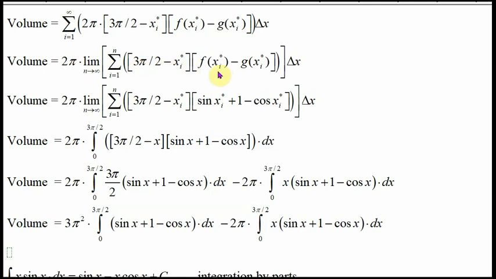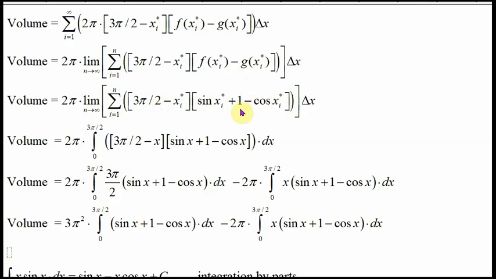For this particular example, the function f of x was sine of x plus 1, so f of x sub i star is sine of x sub i star plus 1. And g of x was the function cosine of x, so g of x sub i star is just cosine of x sub i star.